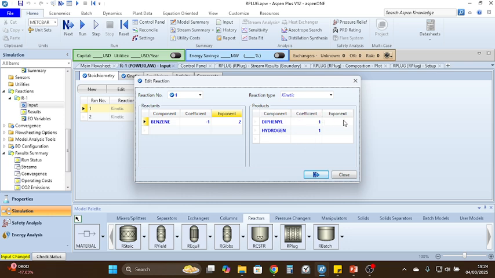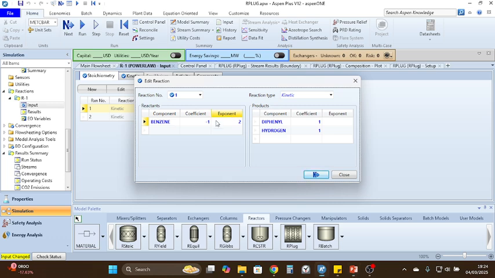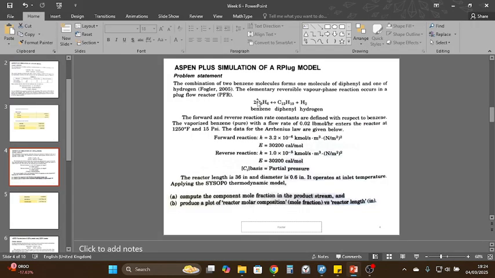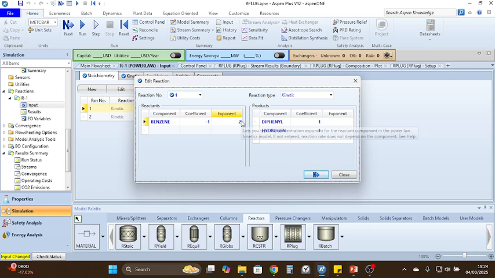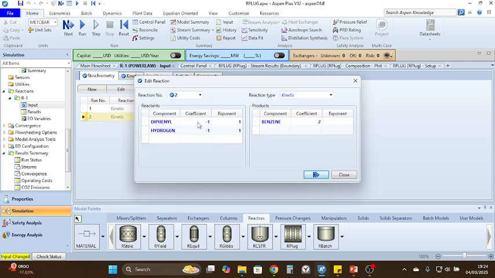Over here, you don't have to give the exponent in the product terms, but over here you can see this coefficient is -1. Since this is the reactant, this is going to get consumed. So we are going to give this as -1, and the exponent is 2, which is the stoichiometric coefficient of the reactant. Similarly, we have to change this as well. This is getting consumed.